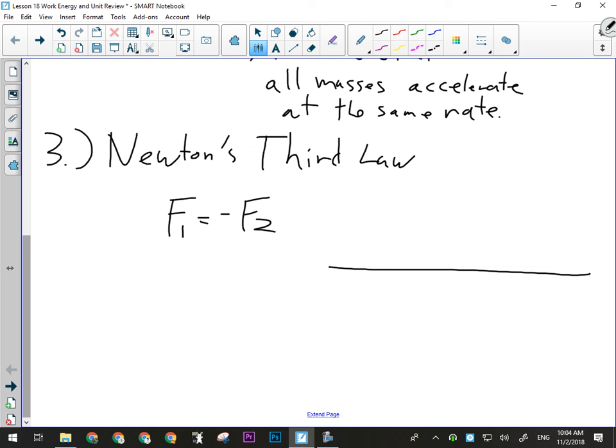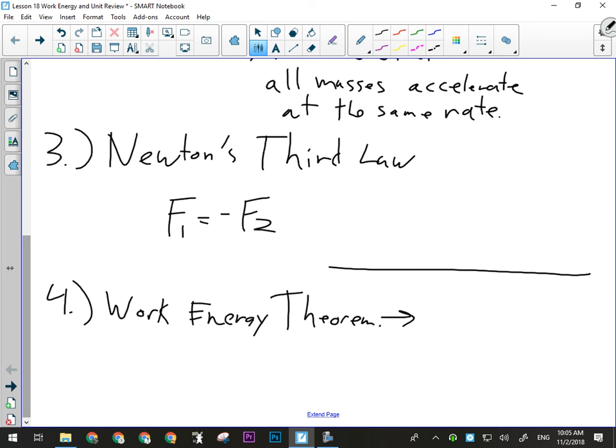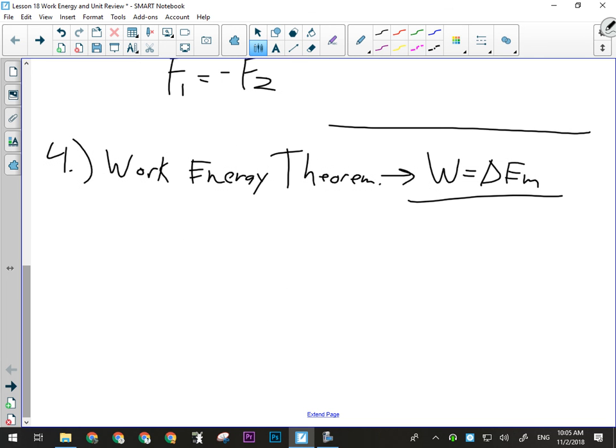Okay, after Newton's third law, we talked about work energy theorem. That means that work is a change in mechanical energy. If a force is exerted through a distance, then work is being done.